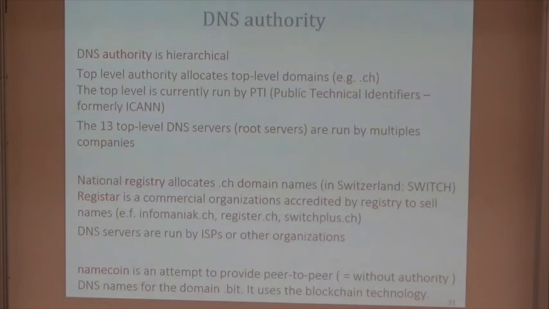So every country has a two-letter domain, and every country is supposed to have one government, and the government nominates one organization that manages this. In Switzerland, it's Switch here. But it's just a legal thing. They decide who can do what. If you want a name, softcom.ch, you have to buy the name from someone who will send you a bill every year, and that commercial part is done by a different entity, which is called a registrar, and there are hundreds of them, and they don't need to be Swiss.